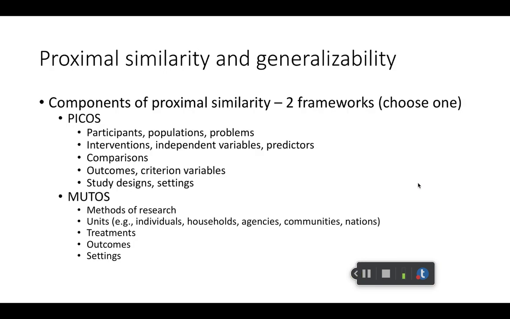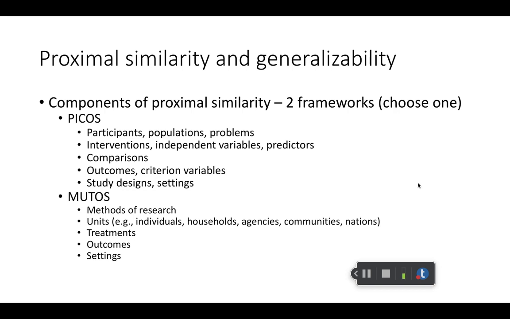To think about this more carefully, we have these frameworks for thinking about proximal similarity and generalizability. So here are two frameworks for thinking about the components of proximal similarity. Pick one. You don't need to use both if you're concerned about this. So you could use our PICOS framework.